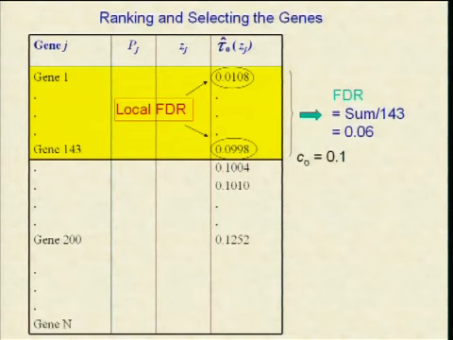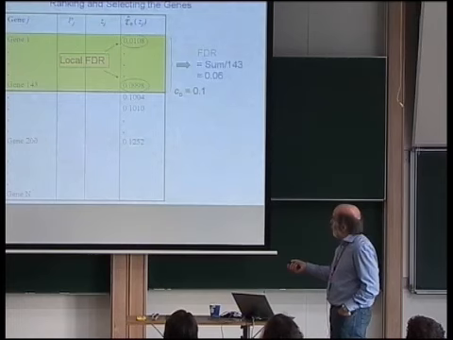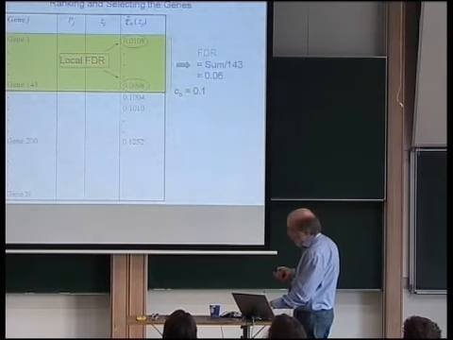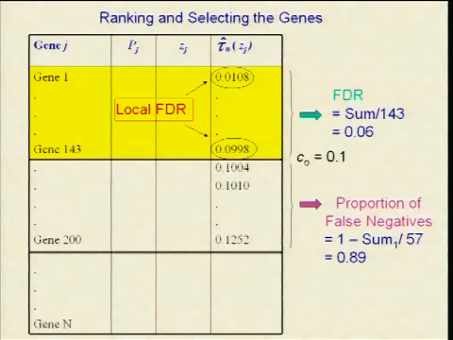I think Efron tends to work with a value of this about 0.2. But now you might be interested in saying, okay, what would happen if we went down and looked at the top 200 genes, and then if you add up all these quantities here, divide by 57, and then take the answer away from 1, you'd say, okay, there's an 89% chance that we've got some false negatives here.